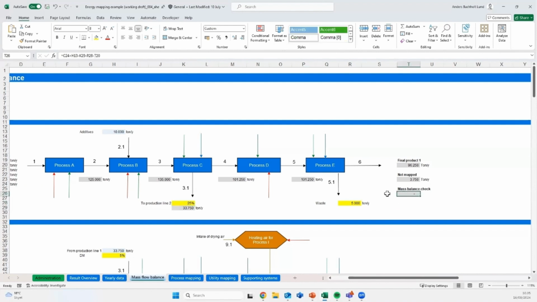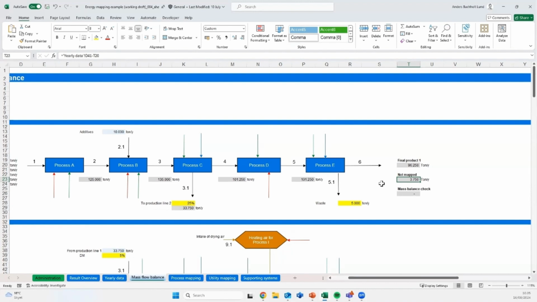And then the not mapped part actually compares what is coming out of this process line compared to the output that we have stated in the yearly data file. So here we have stated that we have a product output, and we compare to what our mass balance tells us that we have.